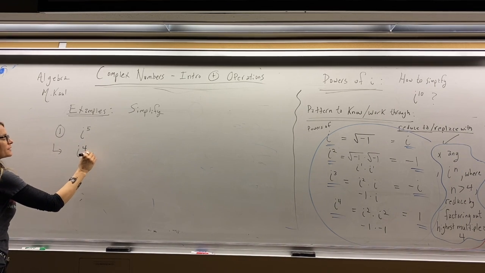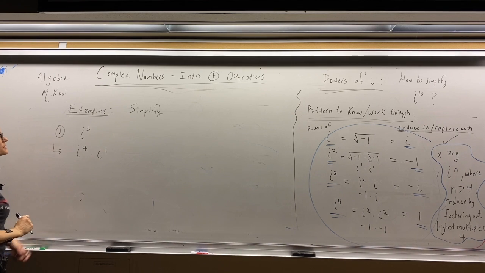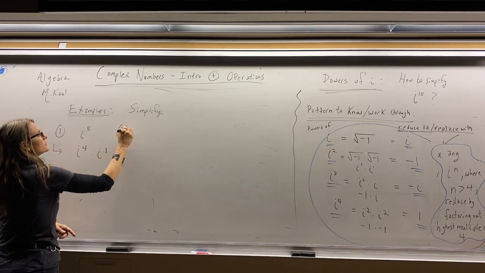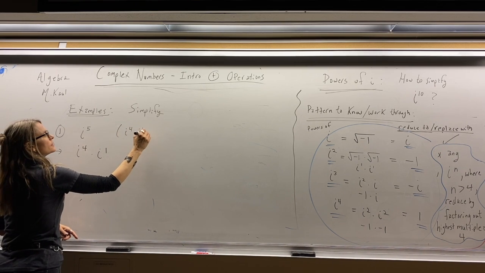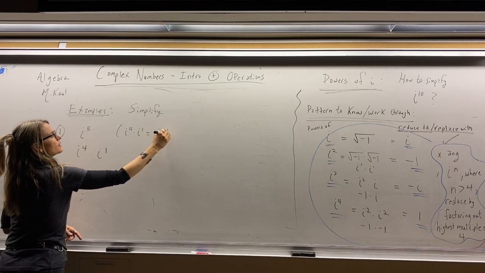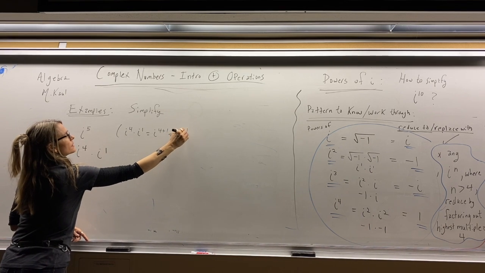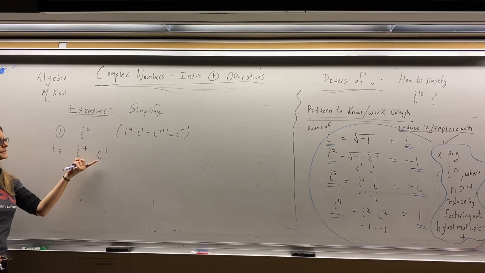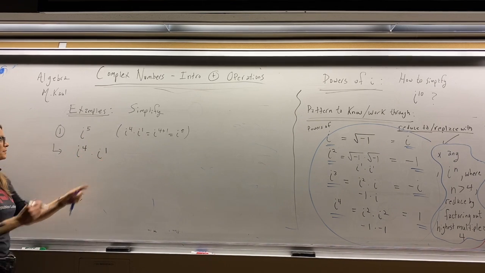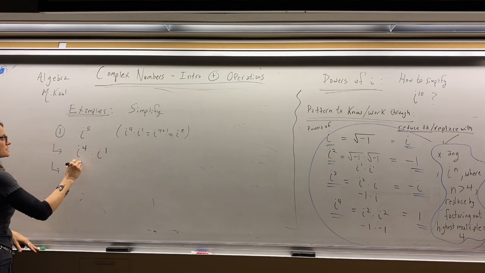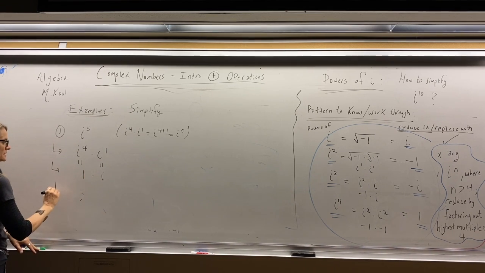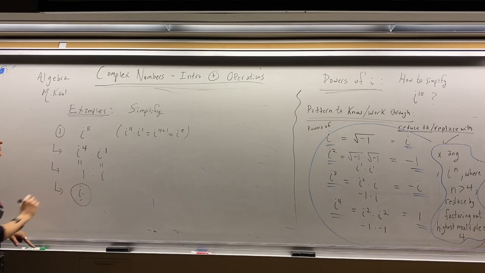And by my rules of exponents, I can break i to the 5th down to i to the 4th times i to the 1st power, and I replace this. This is equal to 1, and that's equal to i. So I just get the expression i out of all that.